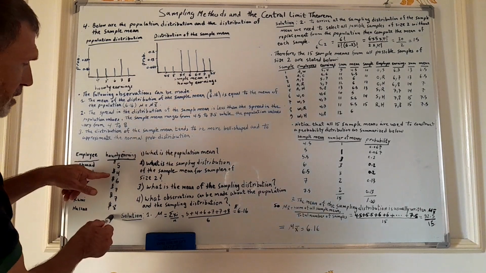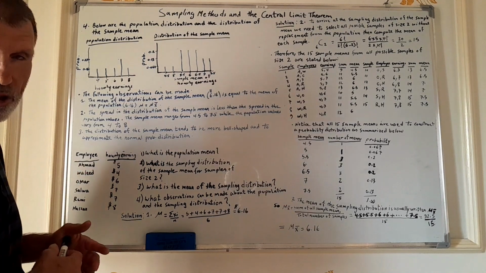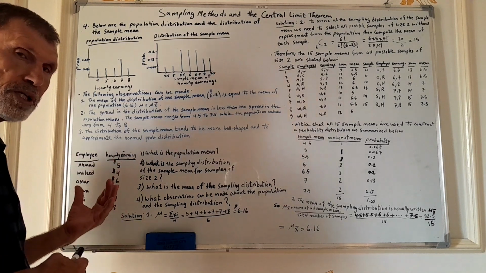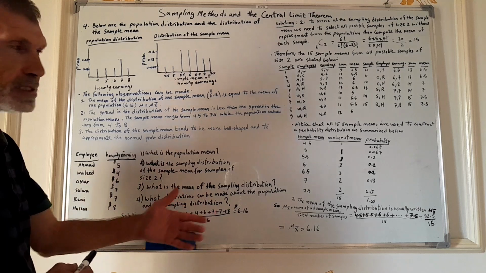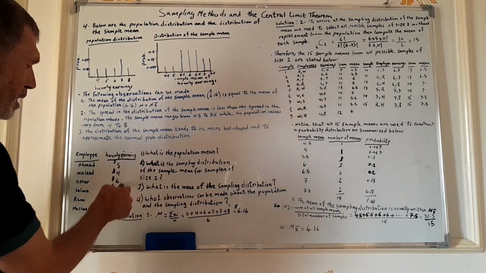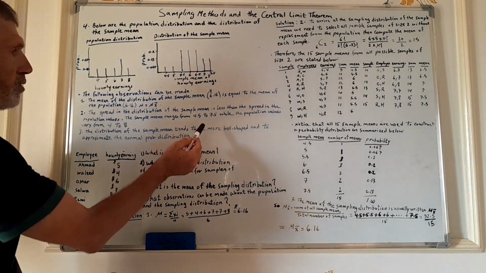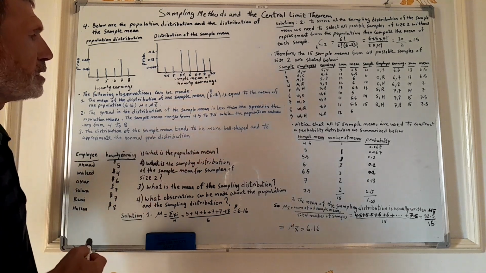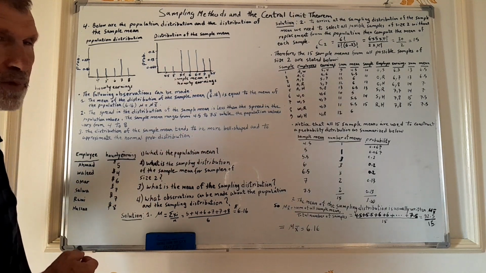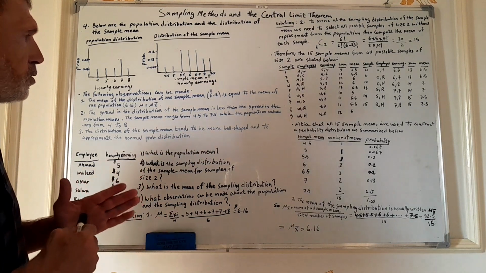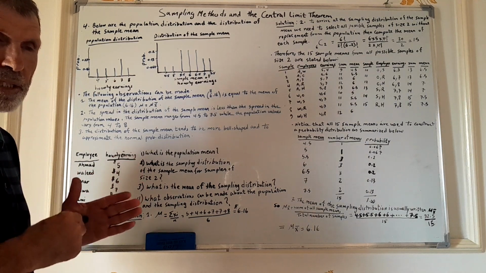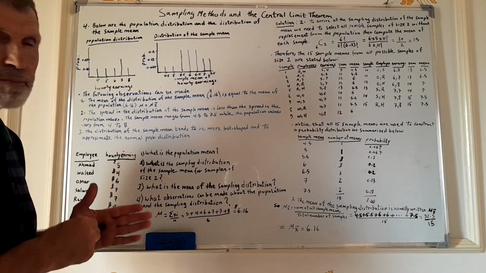So here we get the spread is larger in the population values than the sample means. Here the spread is 4, however the spread here is of course 3. So the spread in the sample mean is less than the spread in the population.